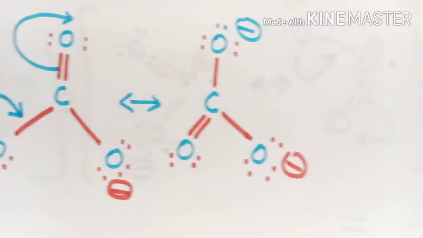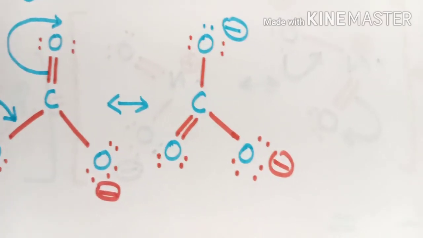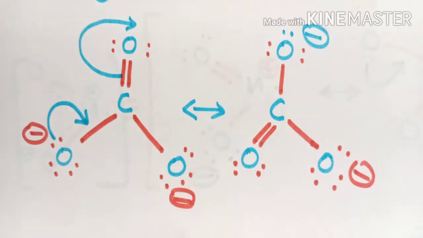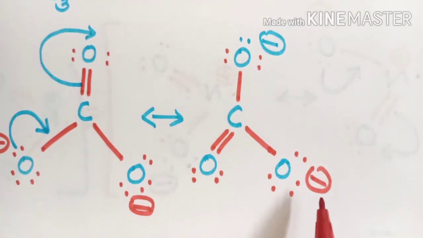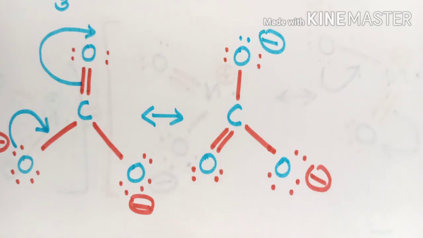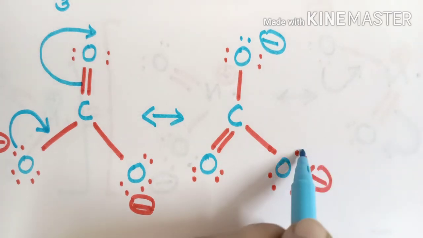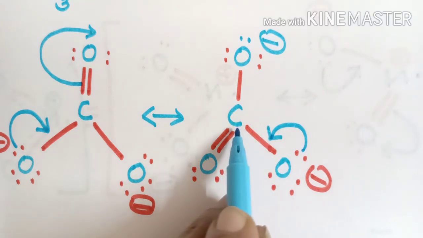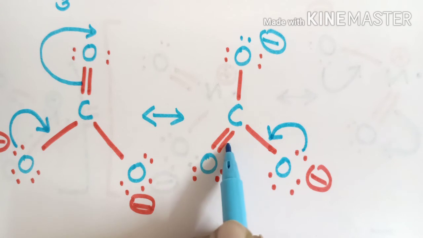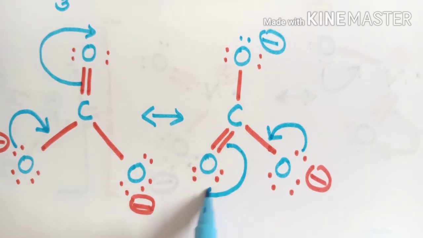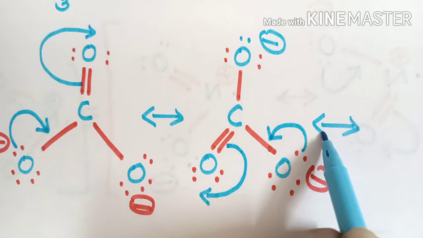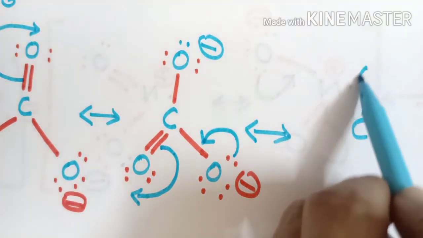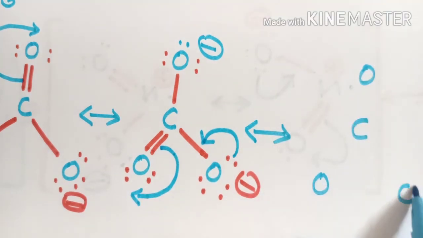Coming on to the next resonating structure, instead of doing the resonance from the left side, we can do it from the right side too. So if the right side oxygen is involved in the resonance, you find that electron shift occurs here. With the result, the electrons on carbon become increased, with which the pi electrons get shifted, and then we have the next resonating structure where we have carbon, oxygen, the other oxygen, and the third oxygen.